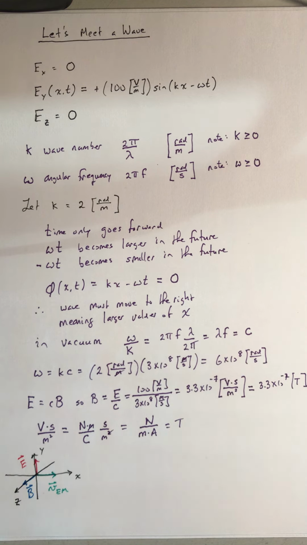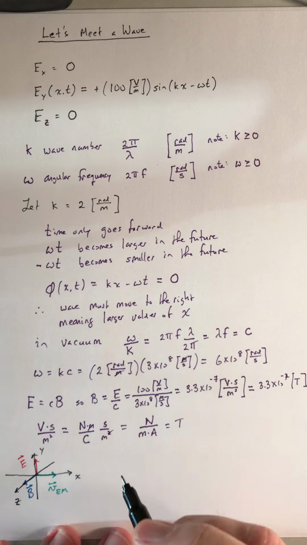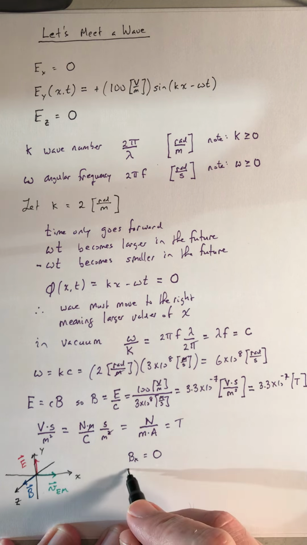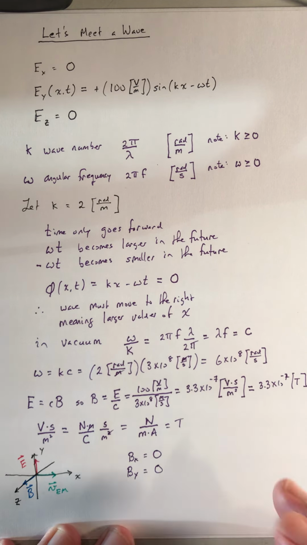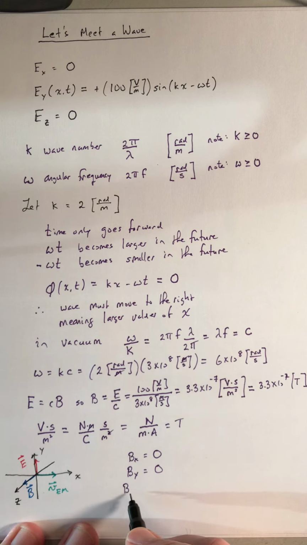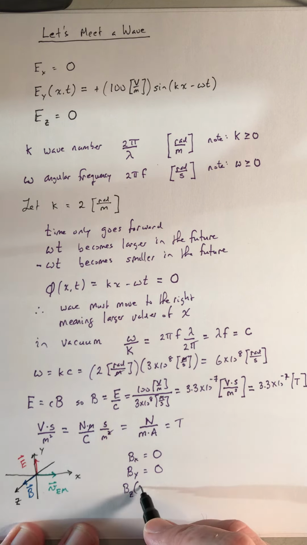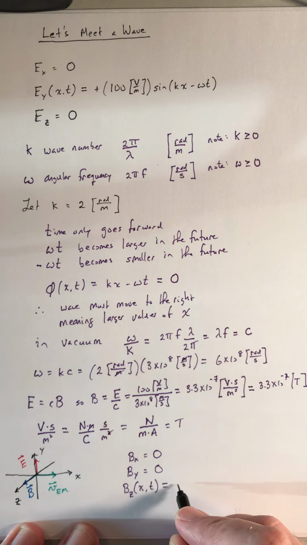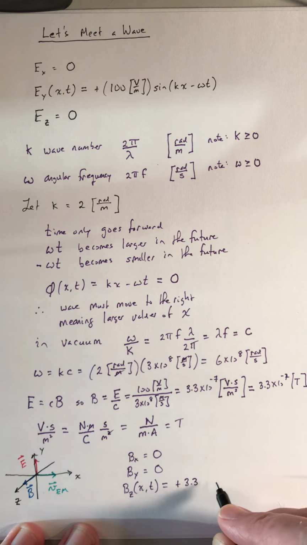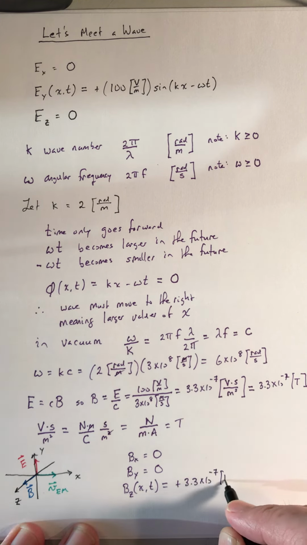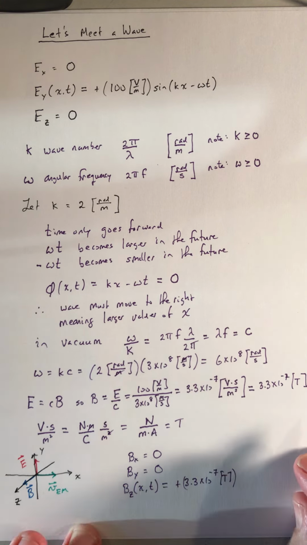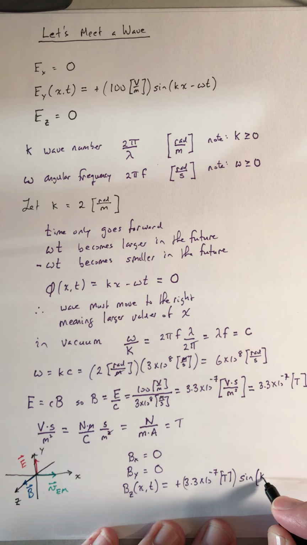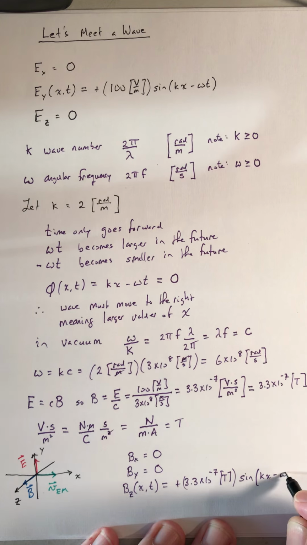So we write out the components for the magnetic part of this electromagnetic wave. It has no x component, it has no y component, and its z component, a function of x and time, is going to be given by 3.3 times 10 to the minus 7 Tesla, and has the same argument, kx minus omega t.